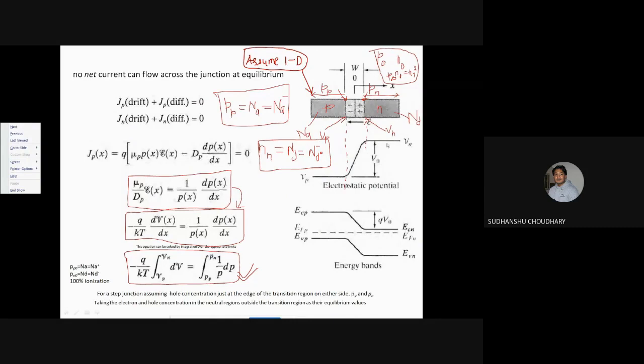So one can replace Vn minus Vp by the contact potential V naught. Our aim is to find out the contact potential V naught. So we say that Vn minus Vp is equal to V naught, from the energy band diagram and from the potential profile also.